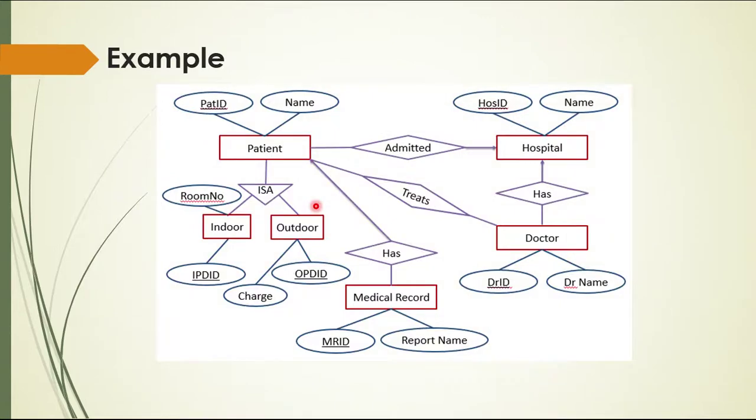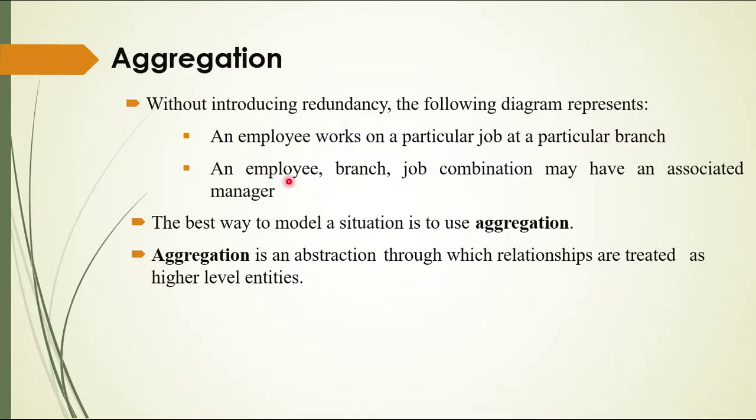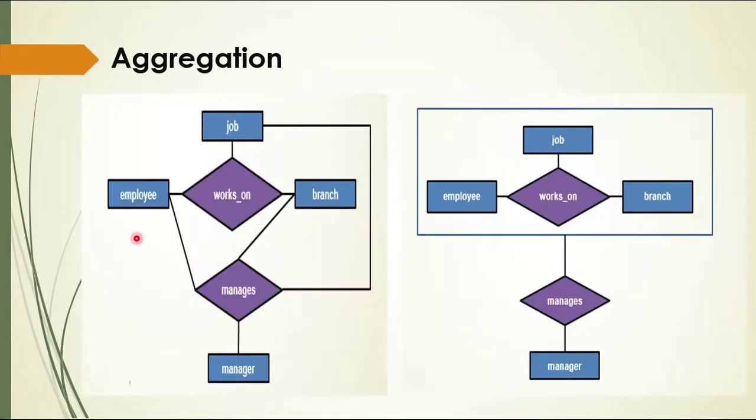An employee, branch and job combination may have an associated manager. See here, we have a works on relationship, where employee, job and branch are connected with each other. This works on relationship is now converted into an entity in which employee, job and branch are connected.